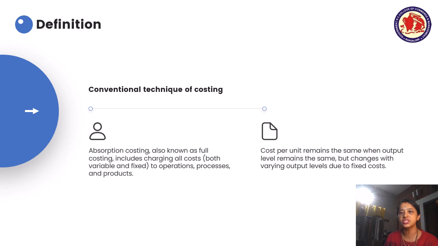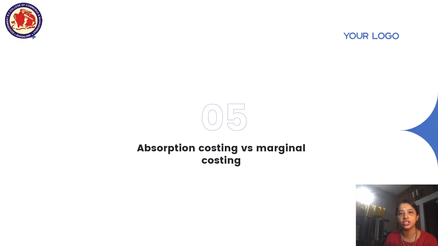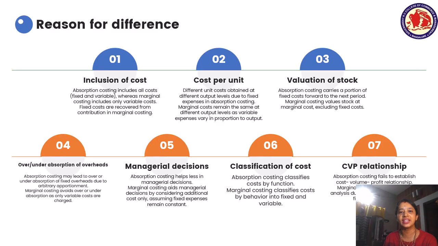Absorption costing is the most conventional method of costing. This slide explains absorption costing and marginal costing, which cost is included in absorption costing and which cost is excluded in marginal costing. Absorption costing includes both fixed cost and variable cost, because there is no distinction between them. Whereas marginal costing includes the variable cost, and later on fixed costs are recovered.